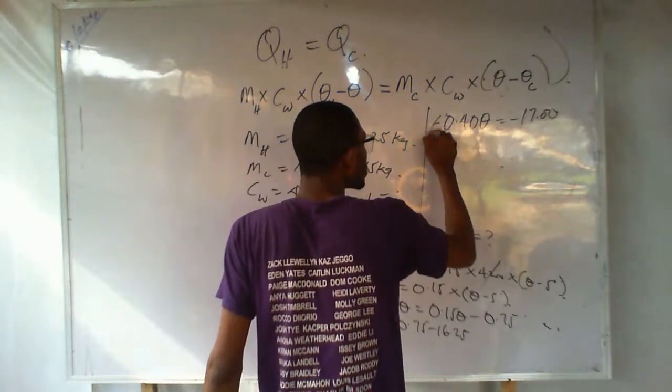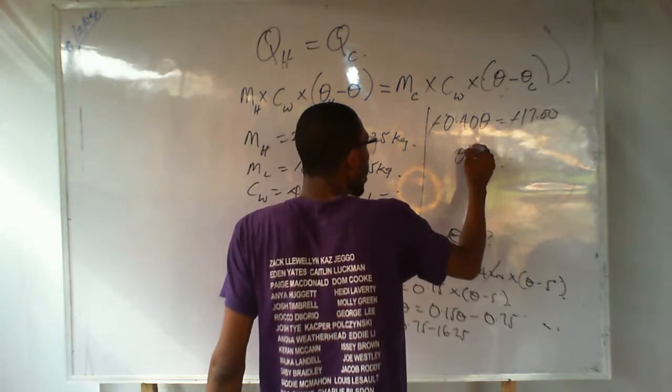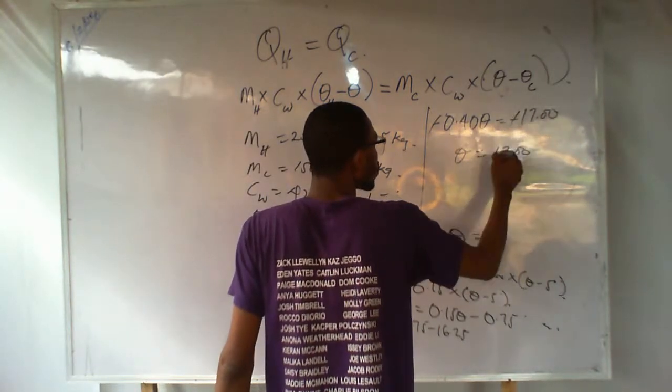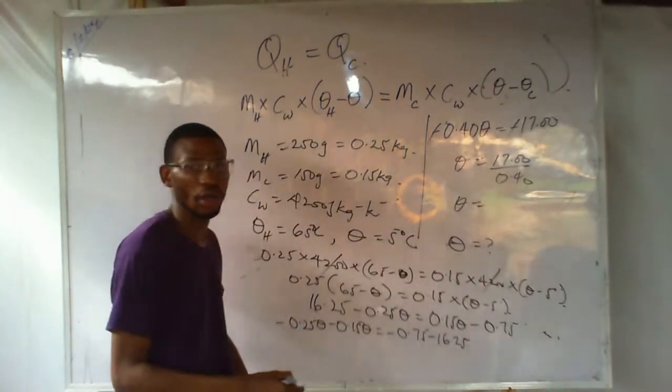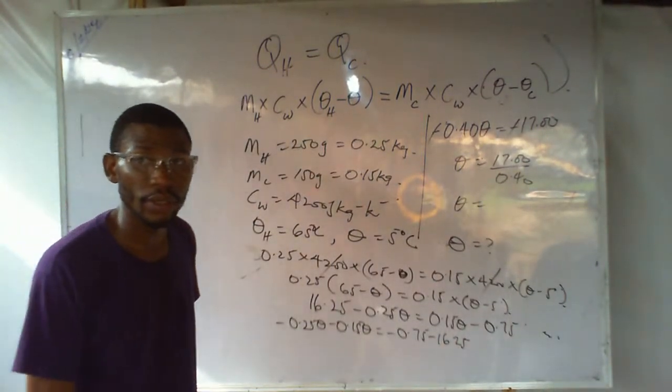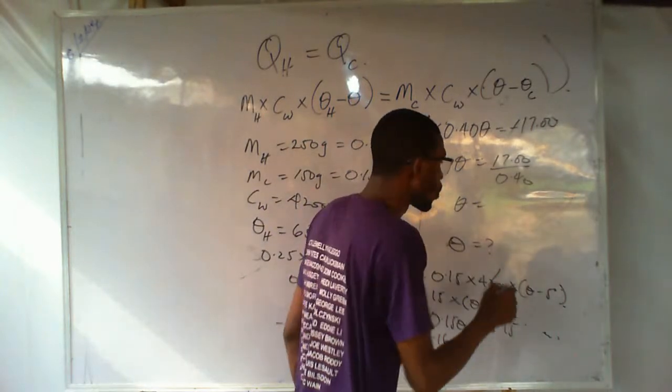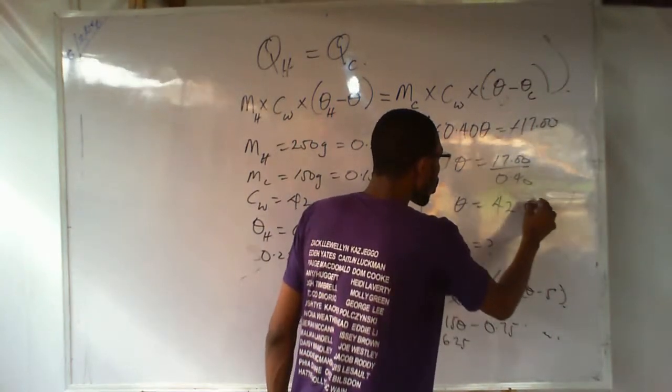So now these two minus signs cancel. Our theta will be what? What's our final temperature? 42.